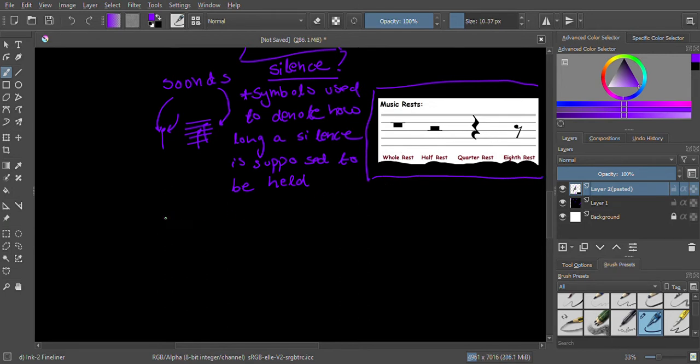So the first rest which exists is a whole rest. So I have to draw a staff for this. 1, 2, 3, 4, 5, right? For this whole rest, as you can see, you go to the fourth line and draw a small rectangle beneath the fourth line.